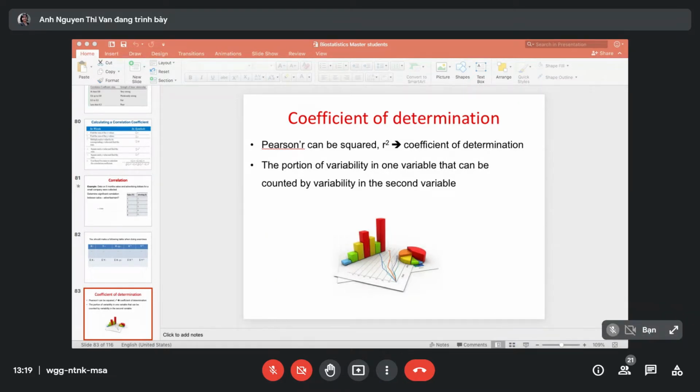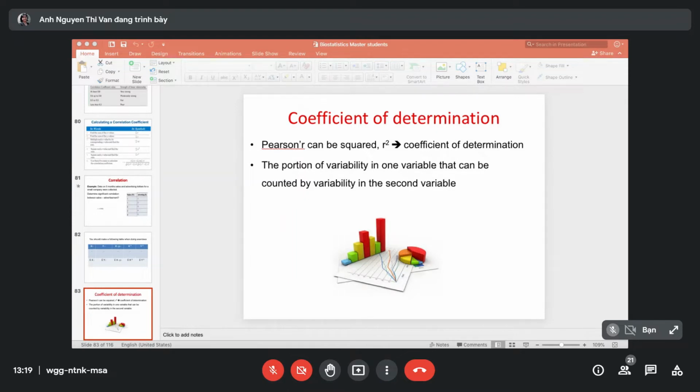The coefficient of determination is R squared. And what information? The portion of variability in one variable that can be counted by variability in the second variable.